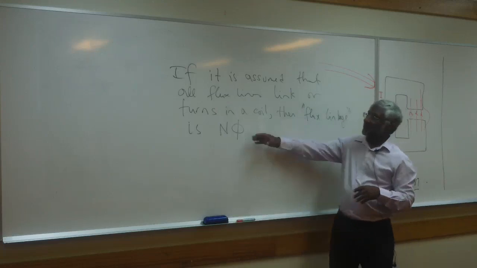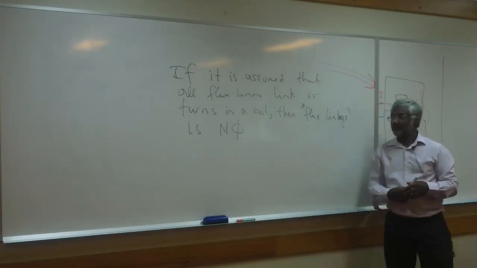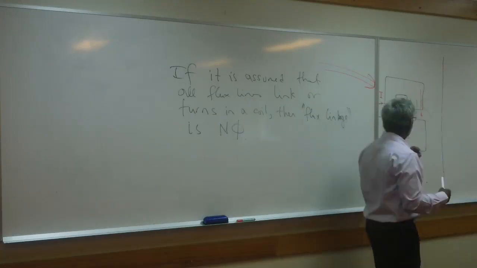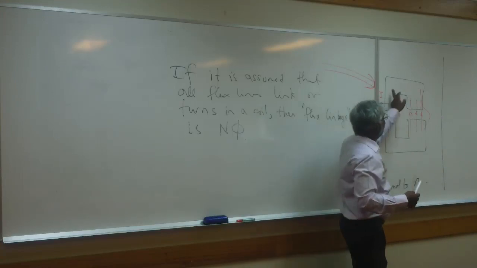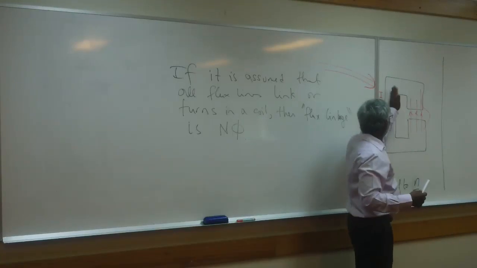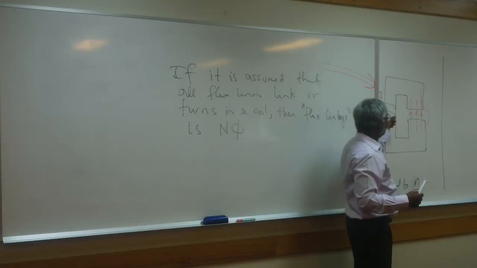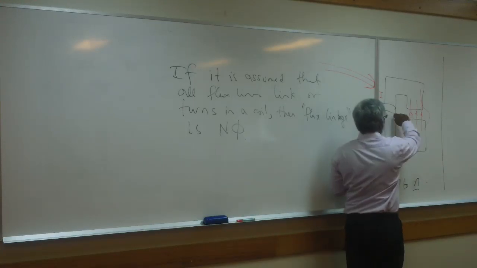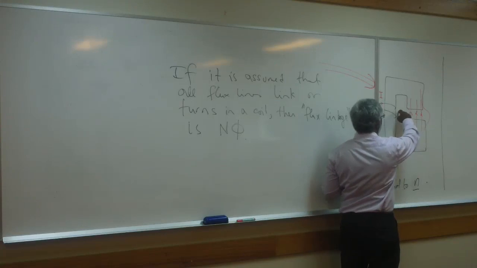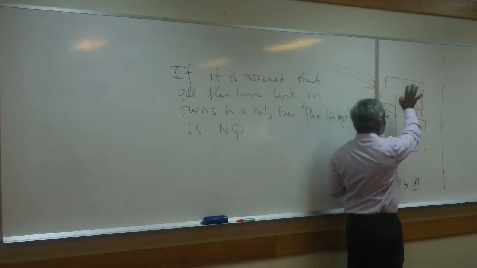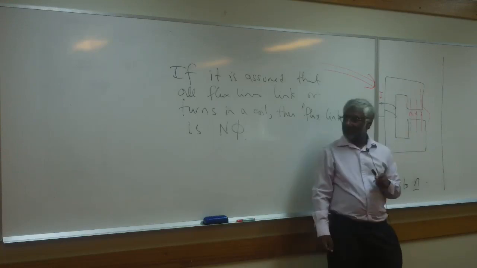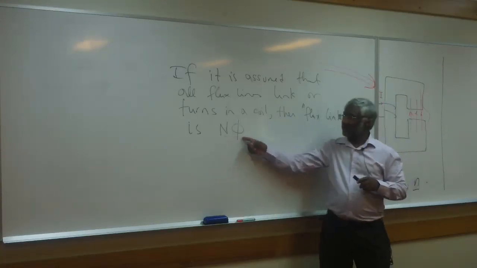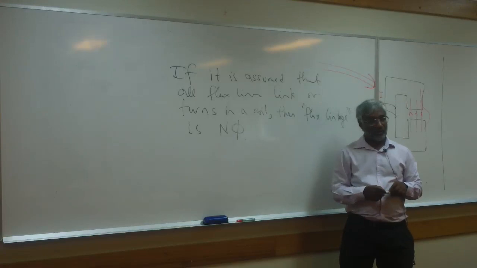So this is a bit of an assumption, and you can force it to be true by using iron like this. If you have iron, then the flux tend to link all the turns. If you don't use iron, if that is in air, then you will have a big proportion of the flux leaking out and linking only part of those turns rather than linking all of the turns. So here we are assuming all the flux link all the turns.